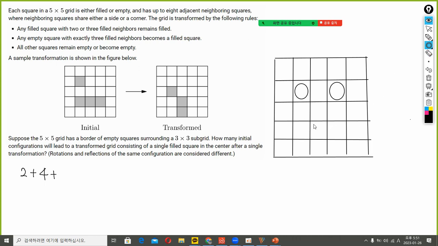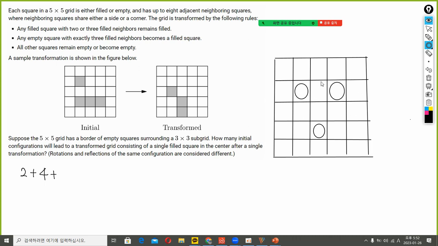Or we can make this case two corners filled and one opposite edge filled. And once again, these filled squares will become empty after transformation because there are no adjacent filled neighbors around these filled squares.